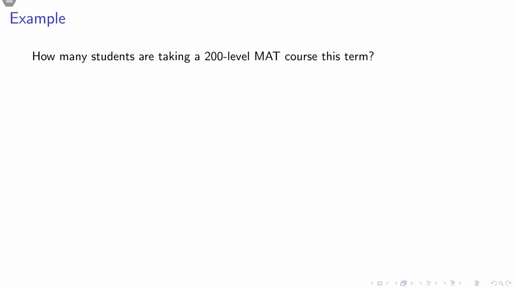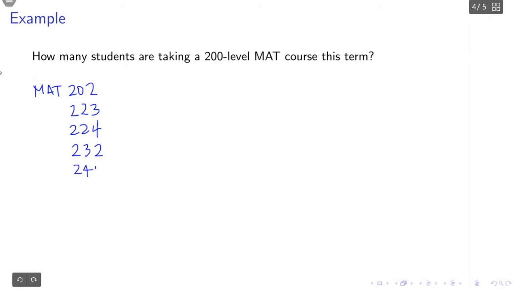Okay, so take a look at this. How many students are taking a 200 level math course this term? So what are the 200 level math courses? So we have, say, MAT202, 223, 224, 232, and a whole lot of others, right? So I'm not going to write all of them down.